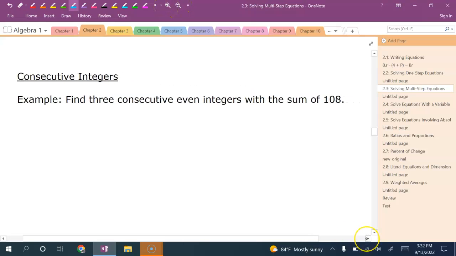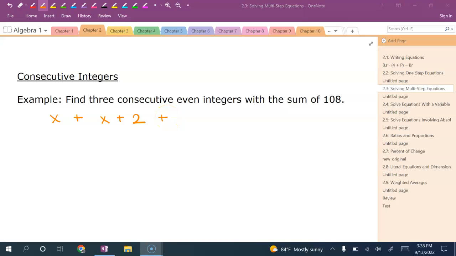Now these next couple of examples, we've actually seen some like these in the past, where we're dealing with consecutive even and odd integers. And if you remember how we set these kinds of problems up, we had x represent the first number that we didn't know. Now to get to the next even number, we would need to add x plus 2.